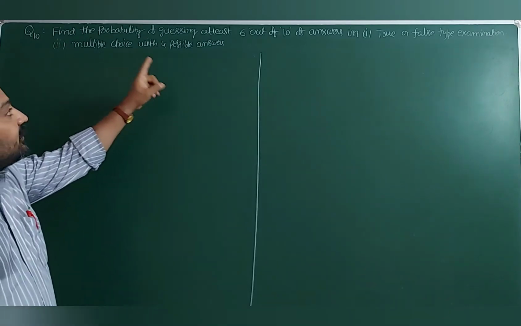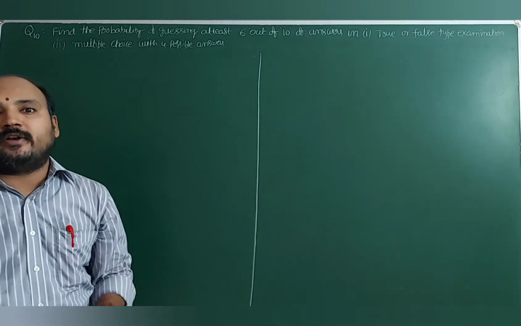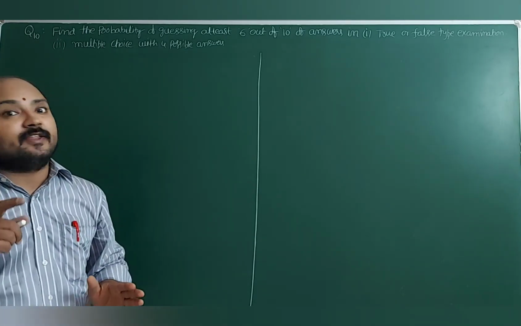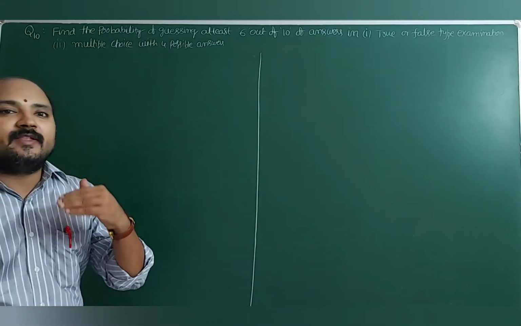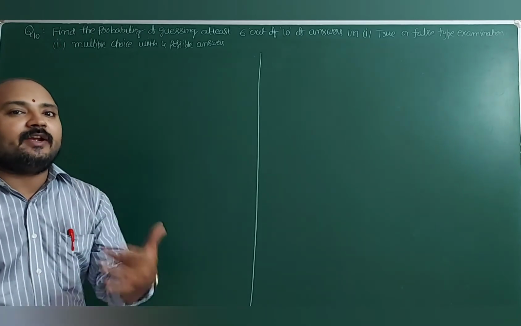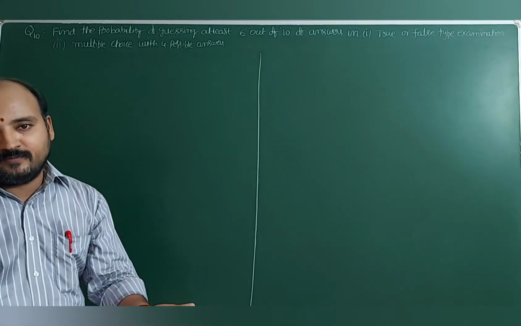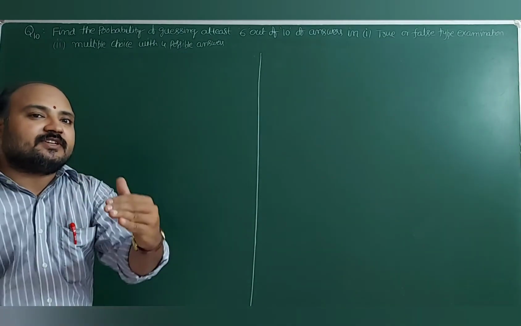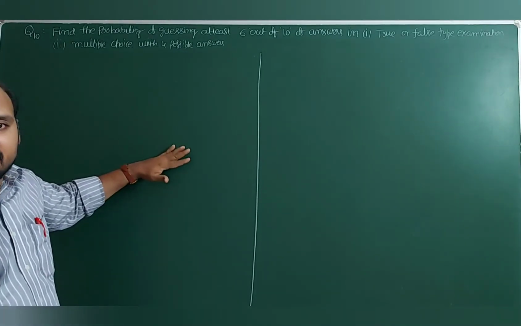Find the probability of guessing at least 6. At least 6 means P of x greater than or equal to 6, either 6 or 7 or 8 or 9 or 10. Maximum 10 answers are there. So P of x greater than or equal to 6 is our required result.